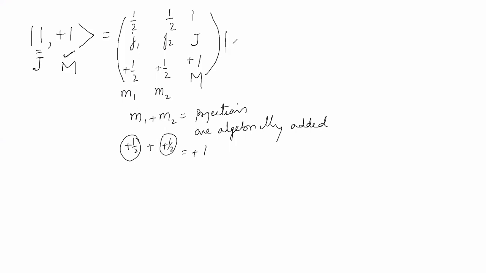Therefore, you have formed from a state J1 M1, J2 M2, the state J M.